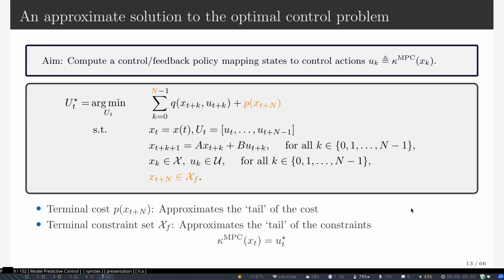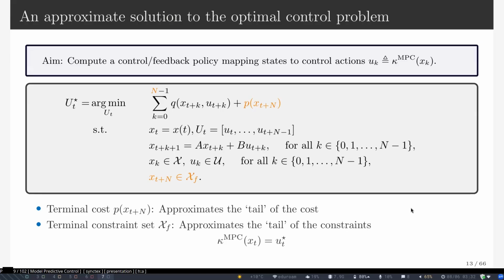Now it's N, a bounded integer. We've added a terminal cost, and we've added this terminal set.